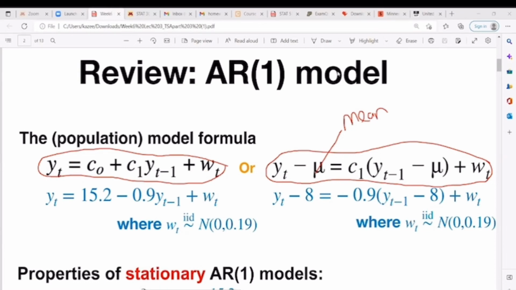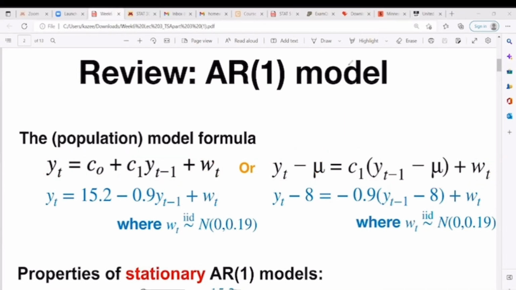The next thing I want to talk about is that, if you take a look at what I have here, we already know the values of C0 to be that, and the values of C1 to be that. I'm also going to show you, from the data set, part of what we're going to do today.